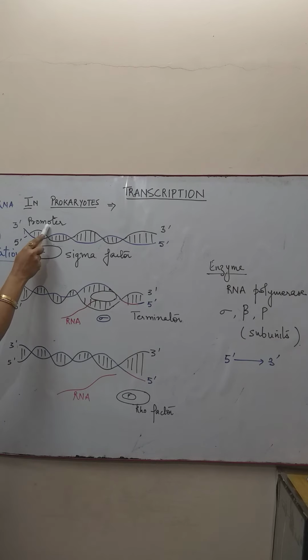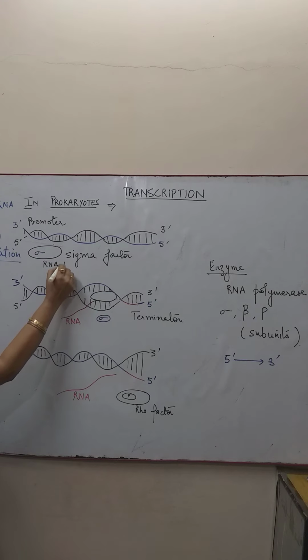Over here you can see the promoter site of the DNA strand. So it binds to the promoter end of the structural gene with the help of sigma factor. This is RNA polymerase over here, and inside is the sigma factor. So this is RNA polymerase, and this binds to the promoter end with the help of this.